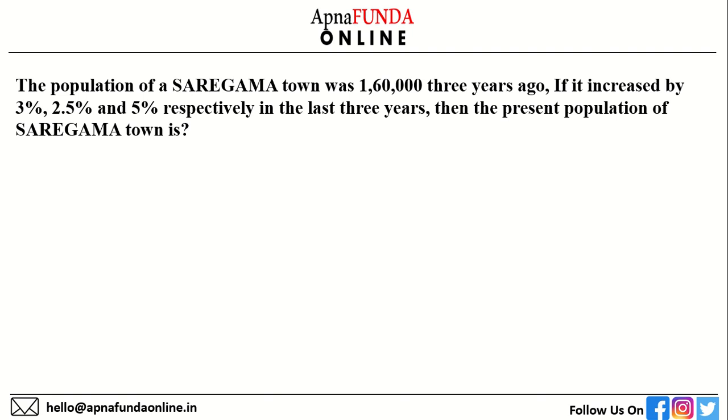Successive percentage change formula is, let's say there is a number a that increases or decreases with x, y, and z%, then the net percentage change will be a into 1 plus minus x by 100 into 1 plus minus y by 100 into 1 plus minus z by 100. Correct? Let's solve this.